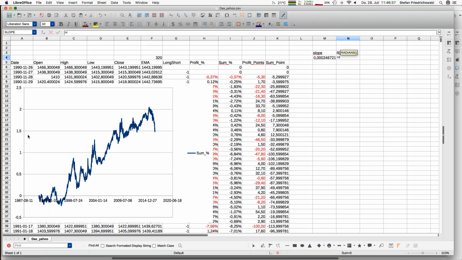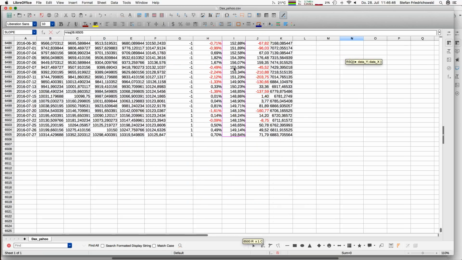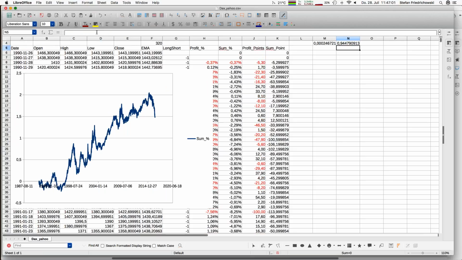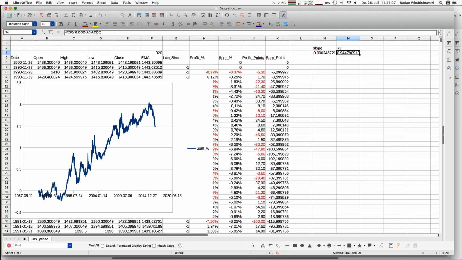And there we have to use RSQ, and this relates to this value once again. Let's do it manually. Okay, and this is now the linearity of that equity curve.